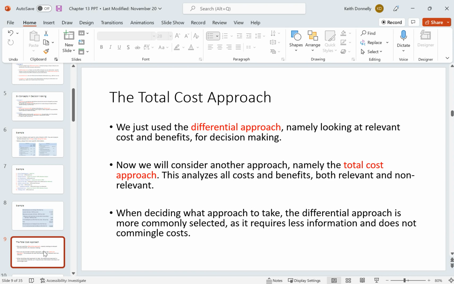You don't need as much information. You don't have to commingle costs. It's a little bit simpler to do. So 2 different methods. We first looked at the differential approach, the more common approach taken. Okay, so let's go on to the next slide here.